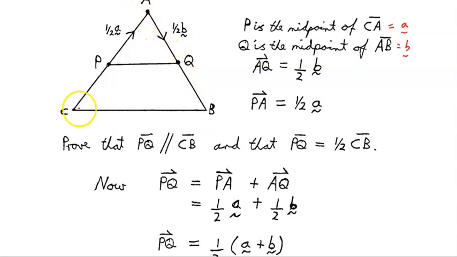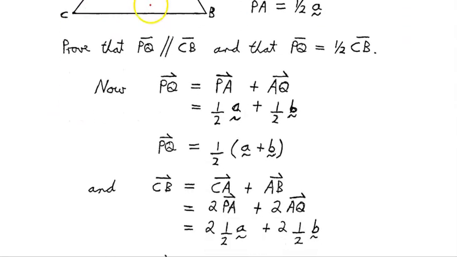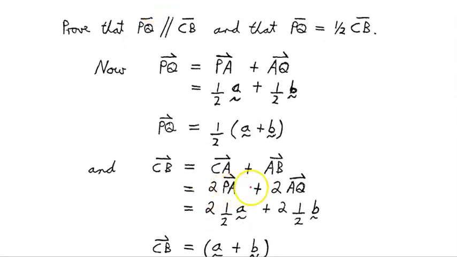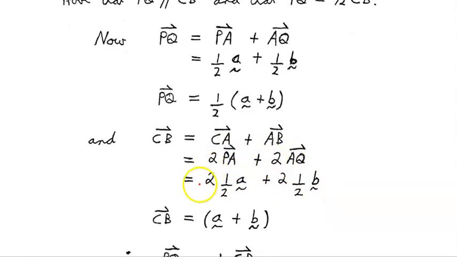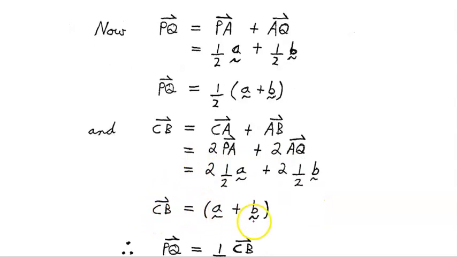And similarly here, C to A, the midpoint is P, so C to P is the same length as P to A. So let's come back here, and we have 2 times PA plus 2 times AQ, so 2 times a half A plus 2 times a half B. So that gives us then that CB is A plus B.